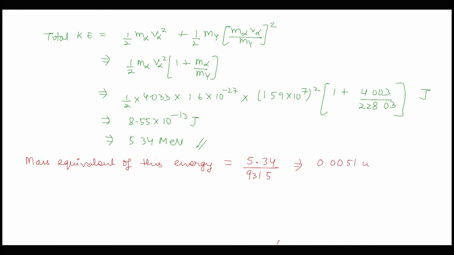So now I can say from here that the mass of X can be written as mass of Y plus mass of alpha particle plus mass equivalent of energy E. So from the question we have the value of mass of Y, mass of alpha, and the equivalent mass is calculated.